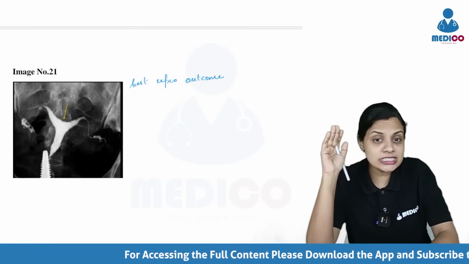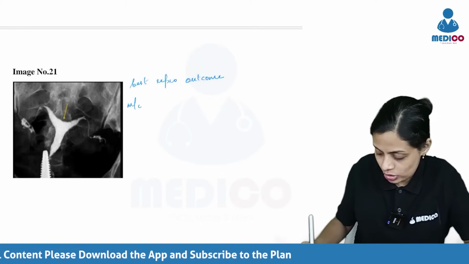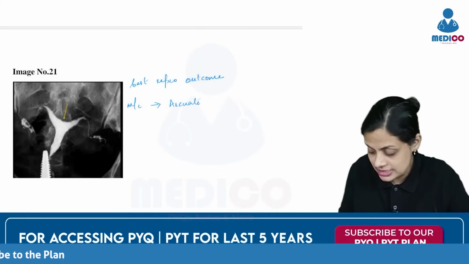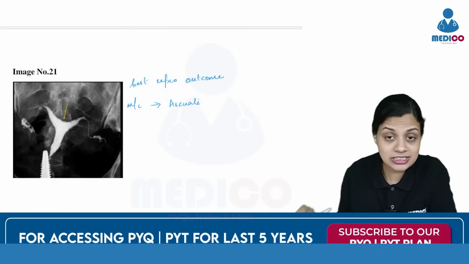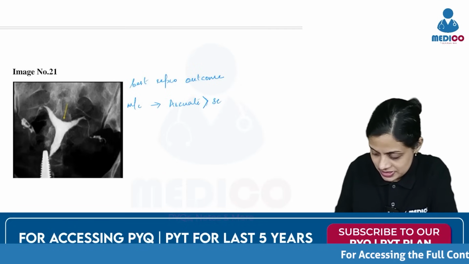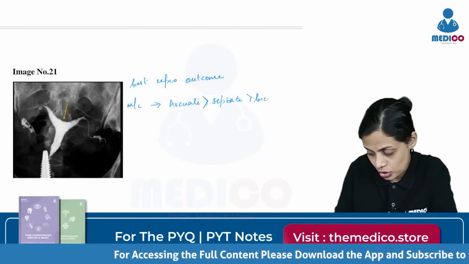If you are asked which is the most common Müllerian anomaly, the most common Müllerian anomaly is the arcuate uterus. There is no doubt there. The recent Williams Gynecology text says that it is the arcuate uterus. This is followed by the septate uterus and then the bicornuate.